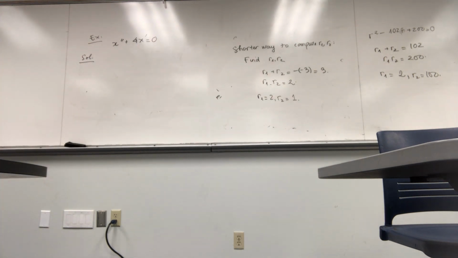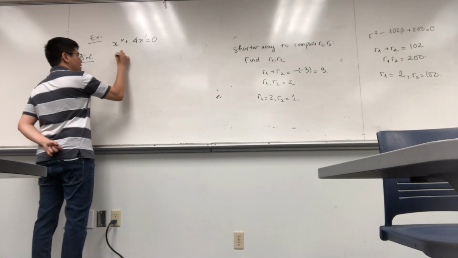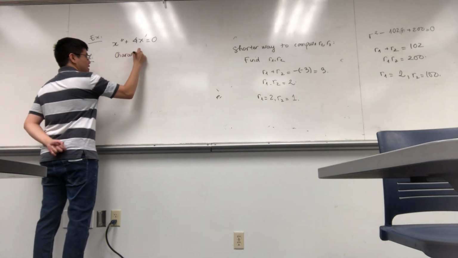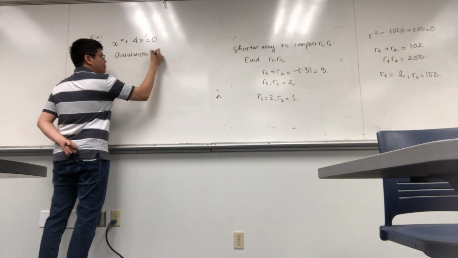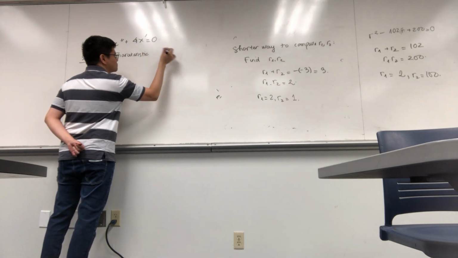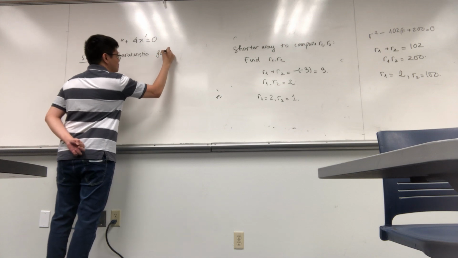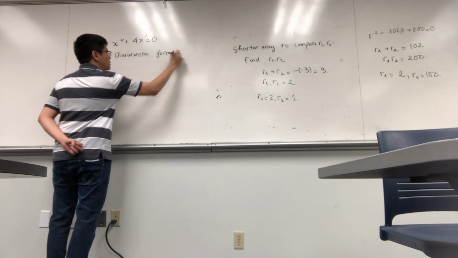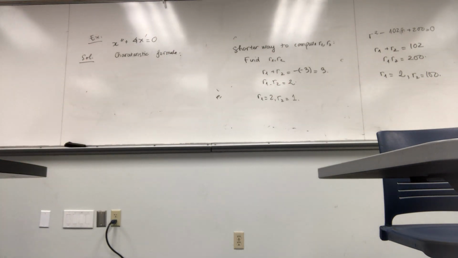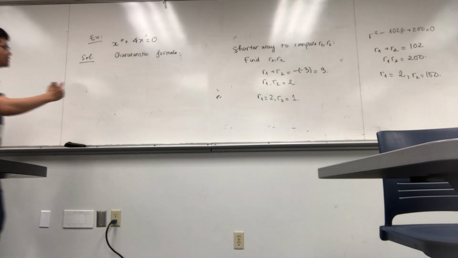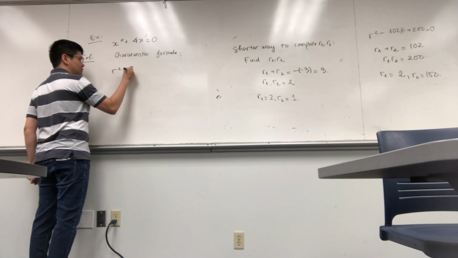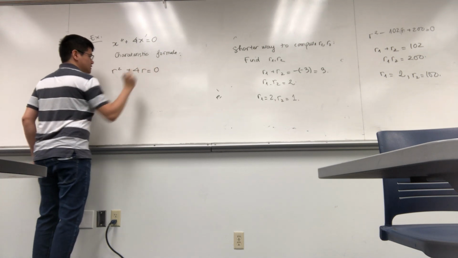What is the characteristic equation for this equation? In this case, we have r squared plus 4r is 0.